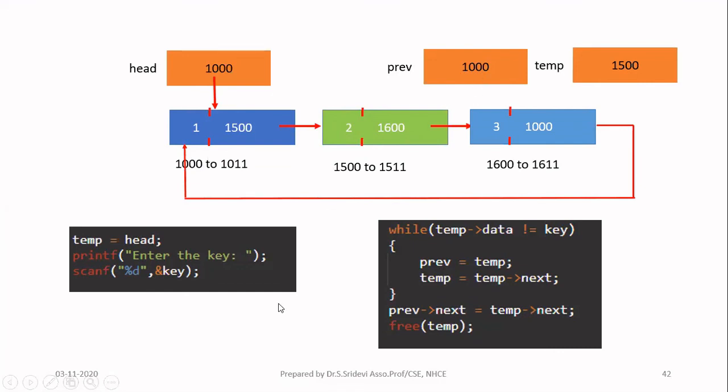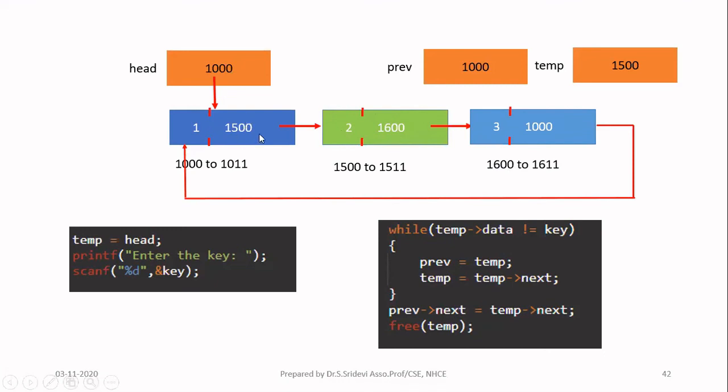Now what do we have to do when I come outside the loop? Here, when you come outside the loop, you want to delete this green color node. When you want to delete this green color node, you have to do one pointer change. The pointer change is, if you delete this node, you have to store 1600 instead of this 1500.